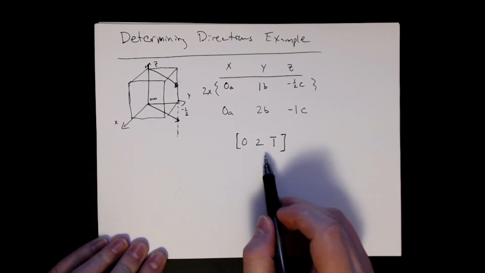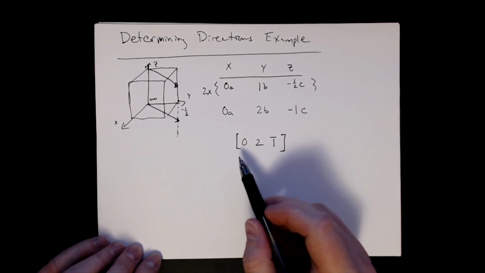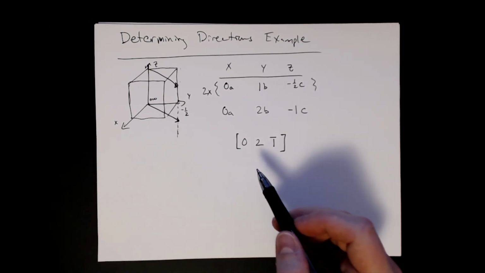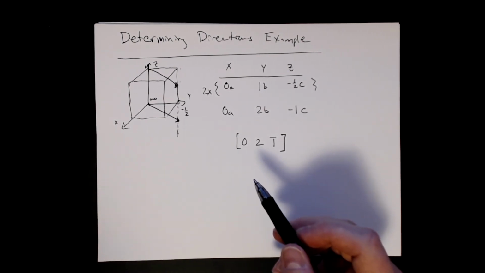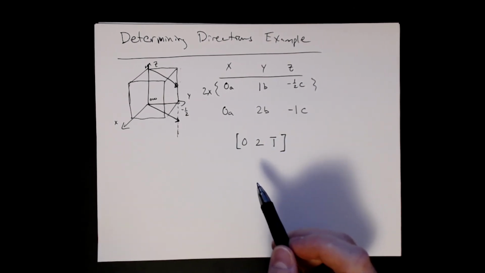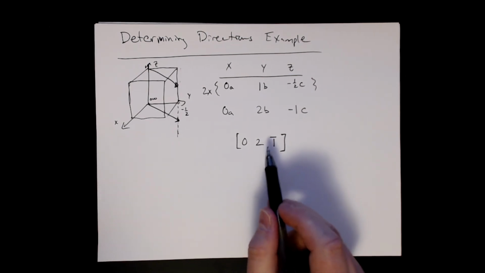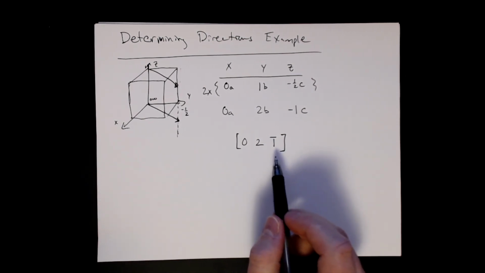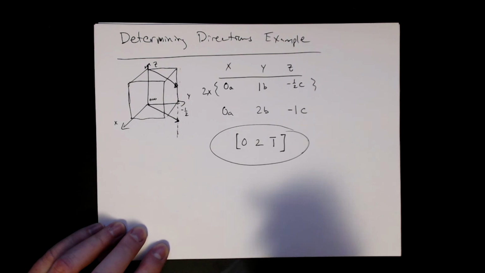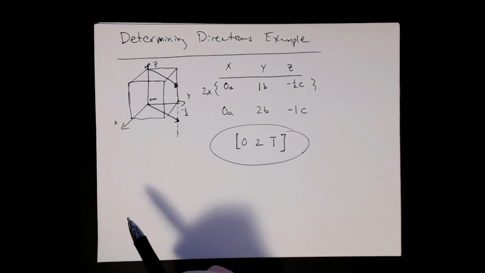Instead of calling it -1, we call it bar 1. That's just part of the notation that crystallography has, and to be consistent, we always want to make sure we follow it. So negatives have a bar on top, and we read it out as bar plus the number. So this would be our indices for the direction that was drawn in the slides.